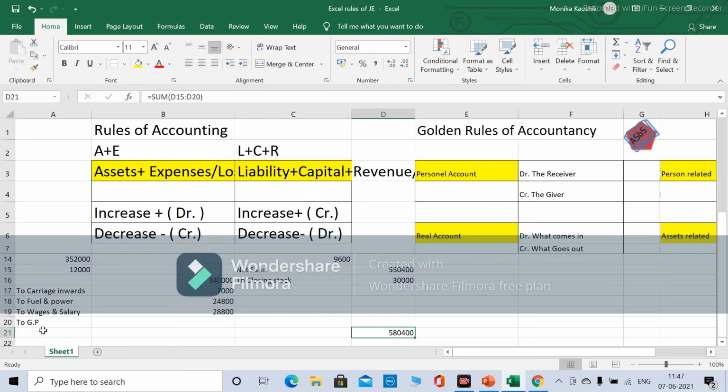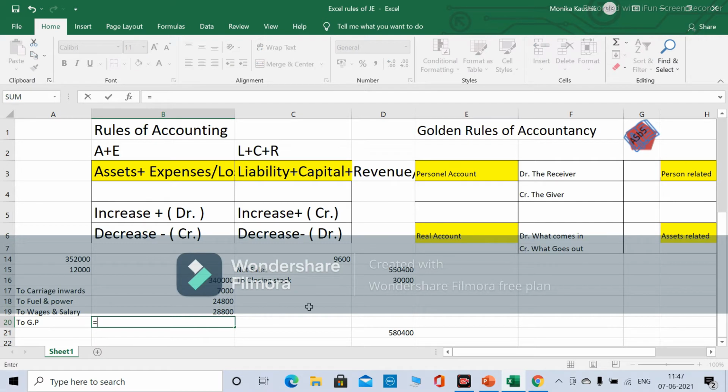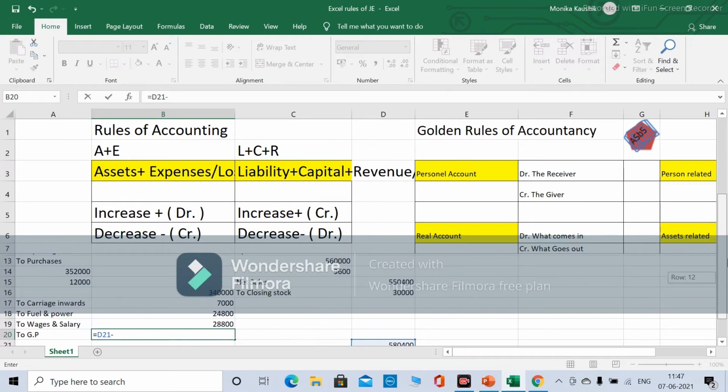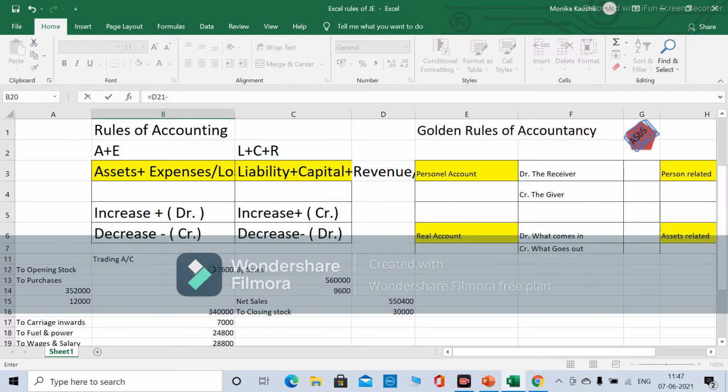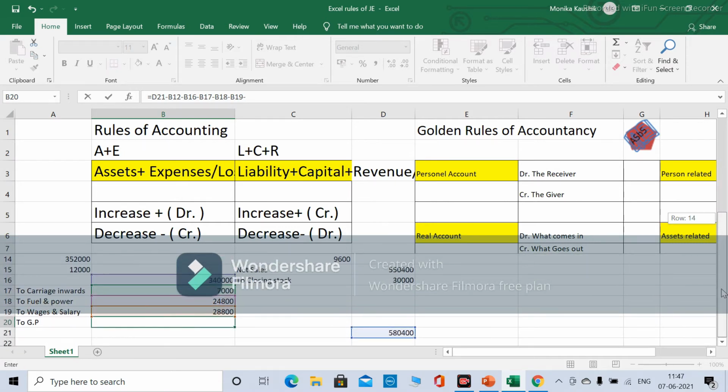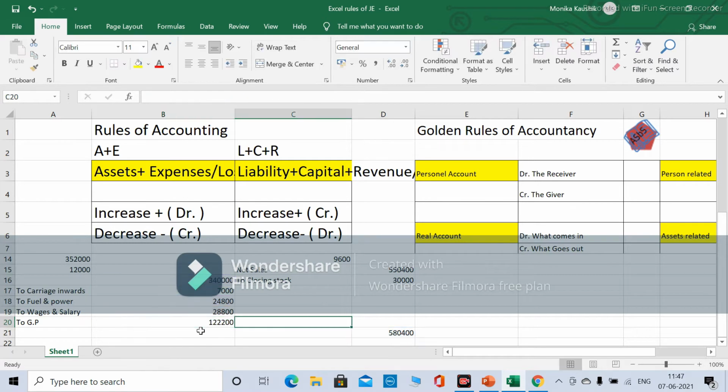So only these two things, and then this is equal to this minus this opening stock minus all other items. That's it. So this will be my gross profit.